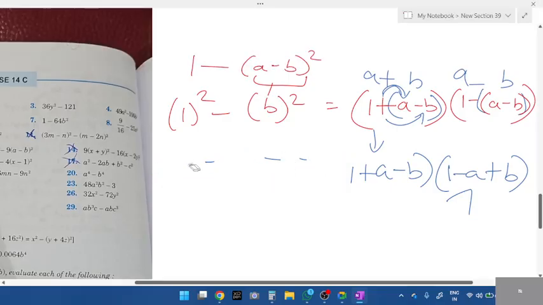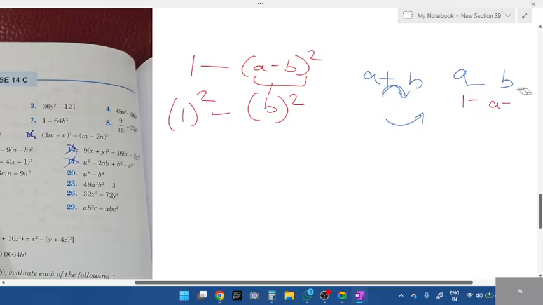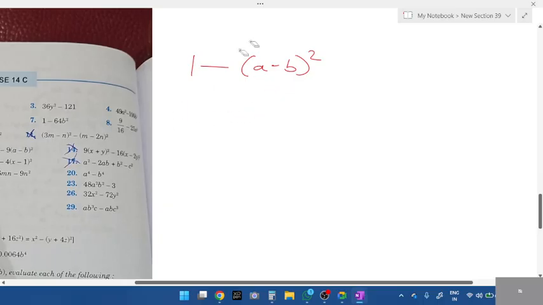Fine. So let me write it. This is the question. You can write it as 1 square minus A minus B the whole square.